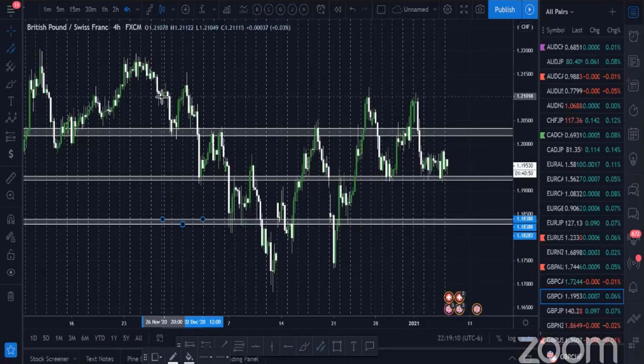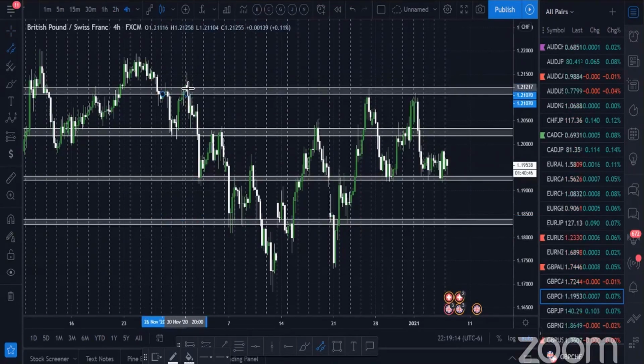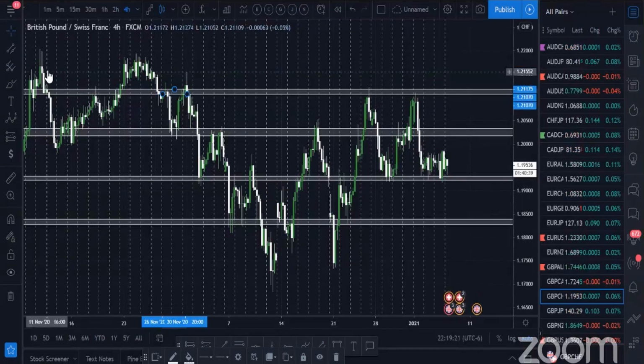And if you know why you're using that as a zone, your evidence towards that being considered a strong zone, you're going to have more confidence when you're trading the market. So, those are my zones for now in the 4 hour.